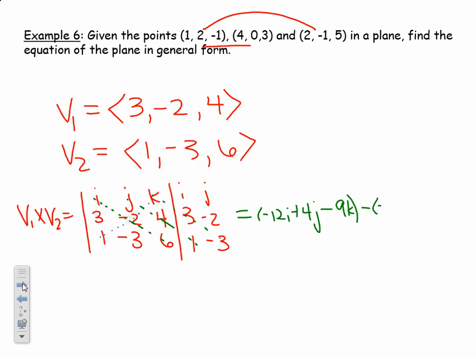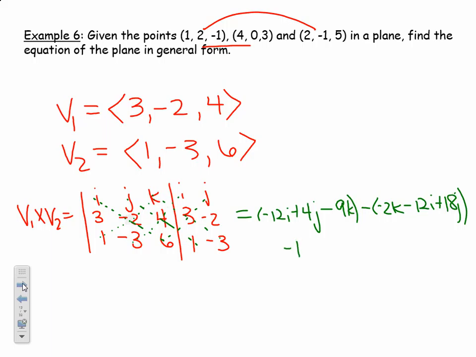Negative 12i. 18k. Okay, so how many i's? I read my 1 as 9. Okay, sorry. How many j's?